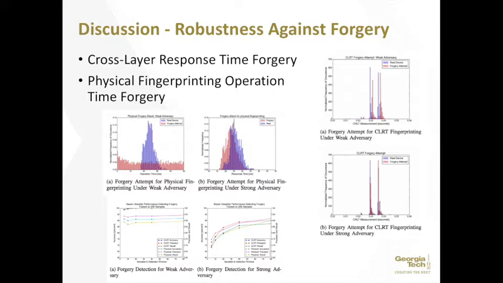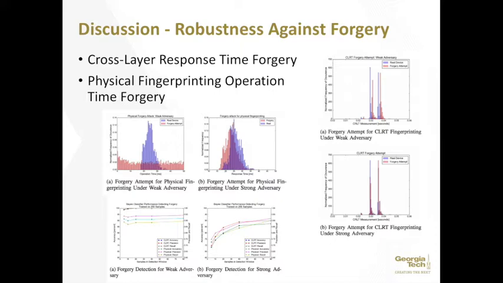Now, they went back to that scenario that we talked about earlier with having a weak and strong adversary, one who is a strong adversary with access to the network, as well as the weak adversary having only access to a specific device. And both of them, with regards to the CLRT fingerprinting technique, were able to be identified with high accuracy detection of the forgery method.